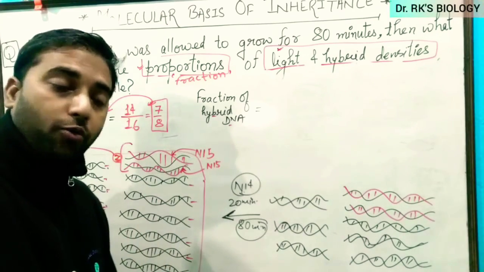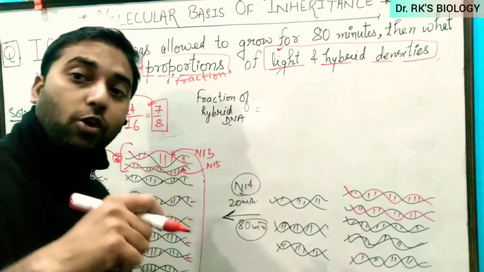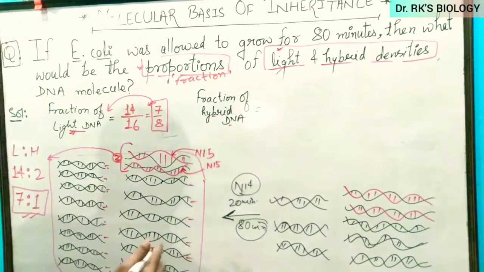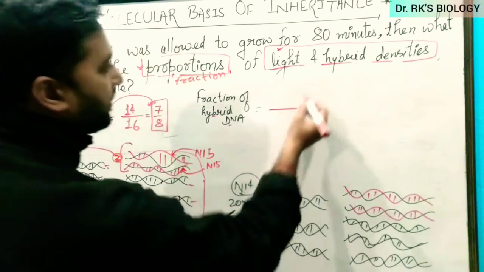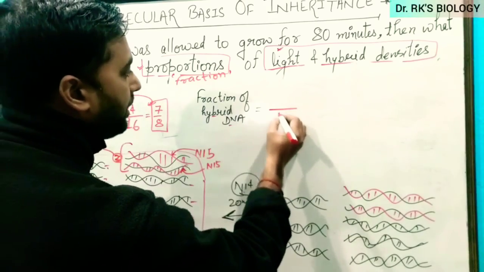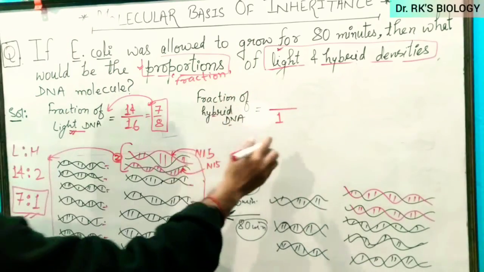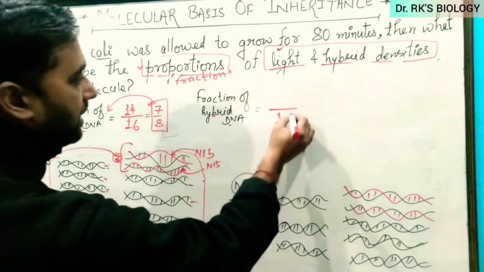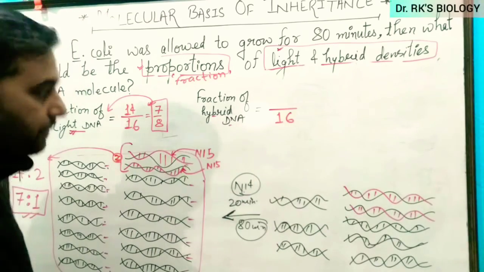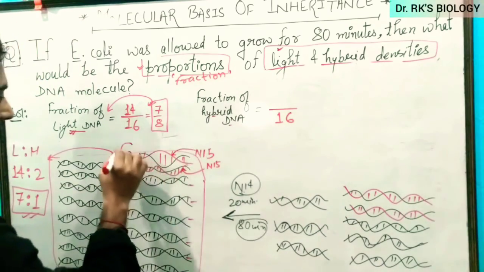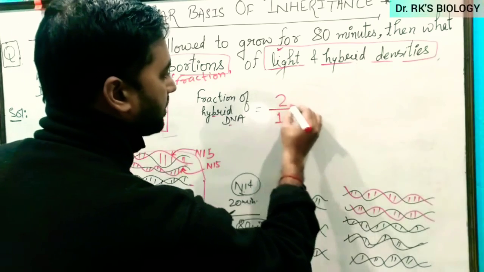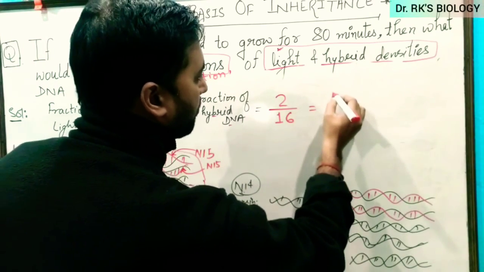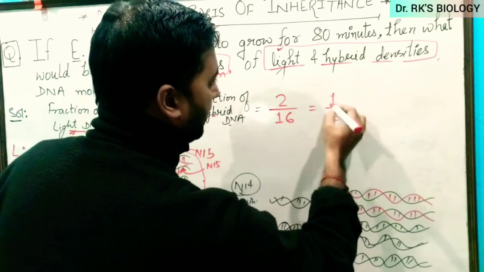If you want to find the fraction of hybrid DNA, you again write a numerator and denominator. In the denominator, the total number of DNA after 80 minutes, which is 16, and the hybrid are 2 only, so you write 2. This is 1/8.